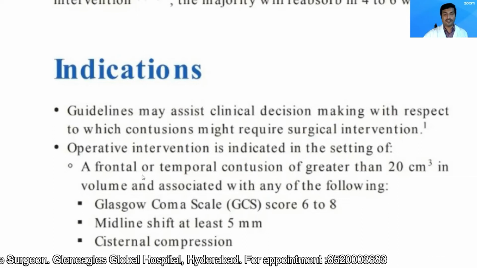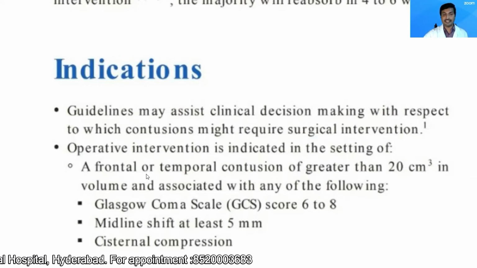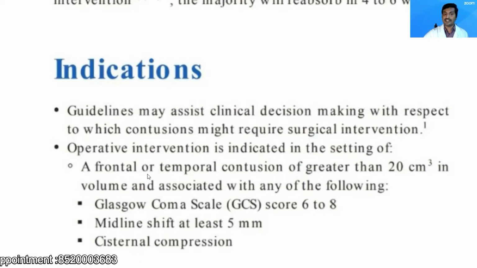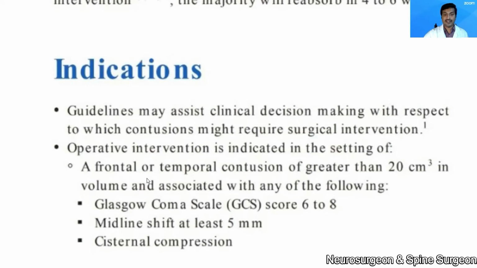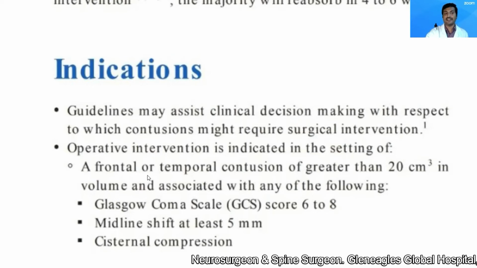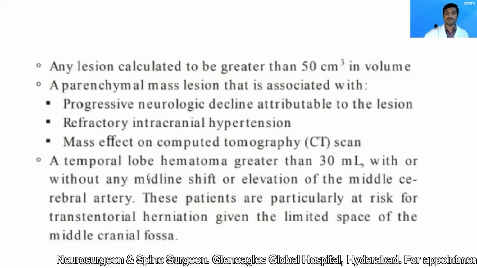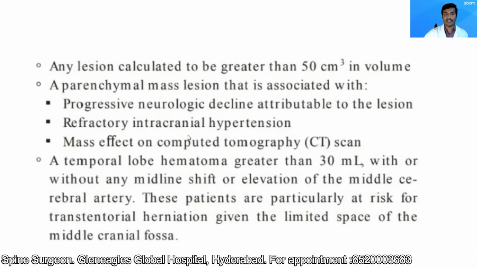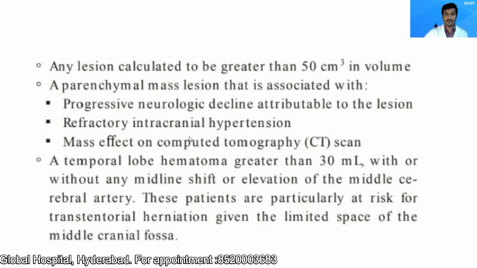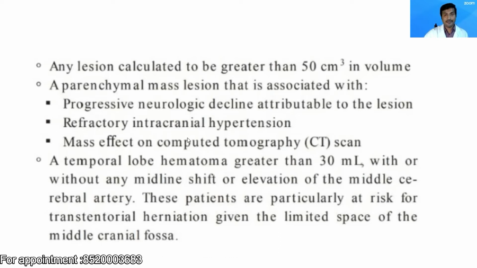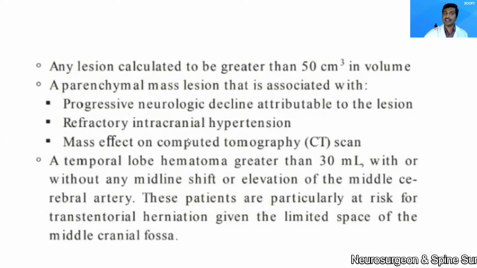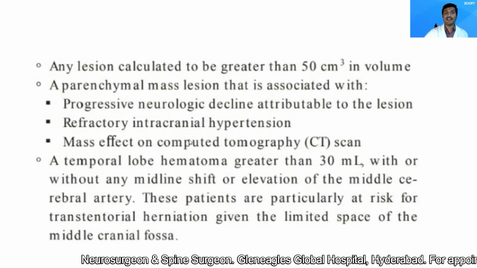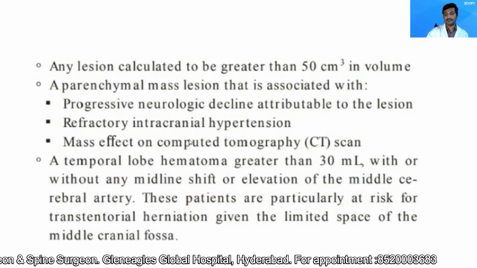A frontal or temporal contusion of greater than 20 cc in volume associated with any of the following: Glasgow Coma Scale of less than 8, a midline shift of at least 5 mm, cisternal compression seen on CT scan of brain, or any frontal lesion greater than 50 cc in volume, or a parenchymal mass lesion irrespective of the volume if it is causing progressive neurological decline, refractory intracranial hypertension, or mass effect as seen on the CT scan of brain.